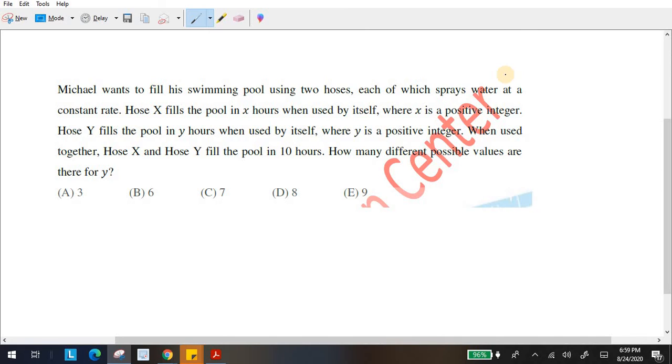So in 10 hours, hose X is going to fill 10 over X amount, and in 10 hours, hose Y will fill 10 over Y amount. And 10 over X plus 10 over Y is equal to 1.